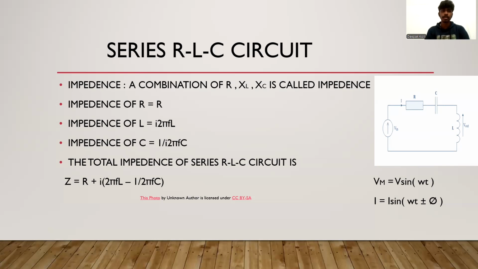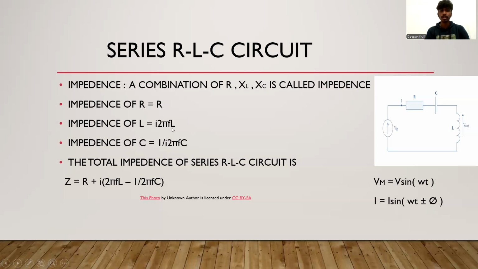For single components, for R the impedance will be R. For L, the impedance will be j into 2 pi FL, or j omega L. Impedance of a capacitor will be 1 by j into 2 pi FC, or 1 by j omega C. These are all for single components, when the circuit consists of only R, only an inductor, or only a capacitor.